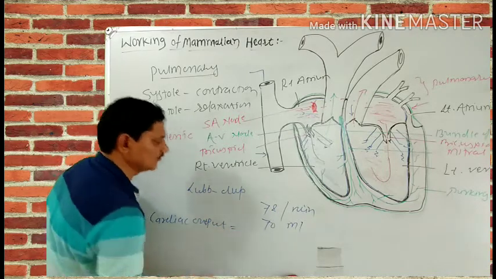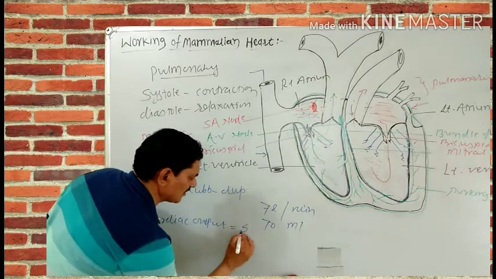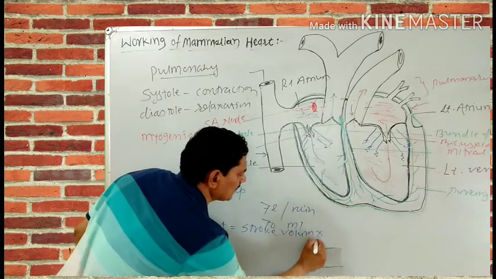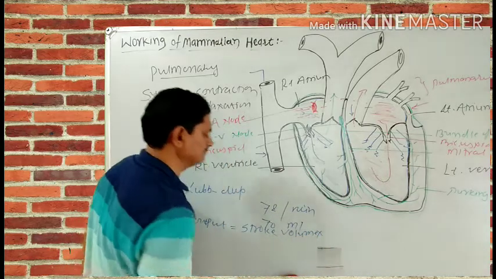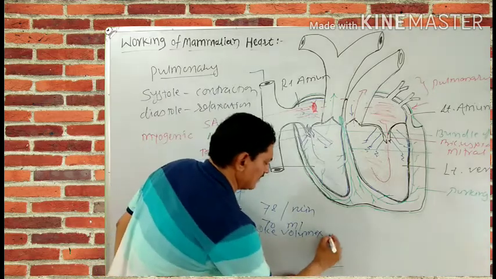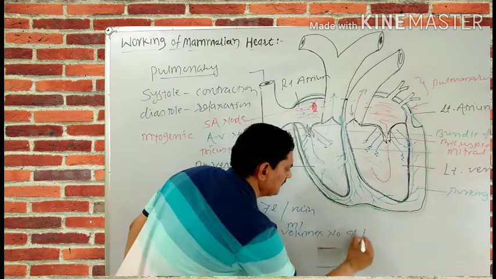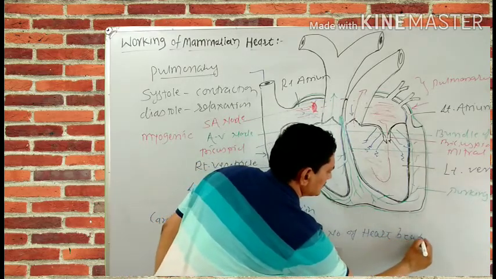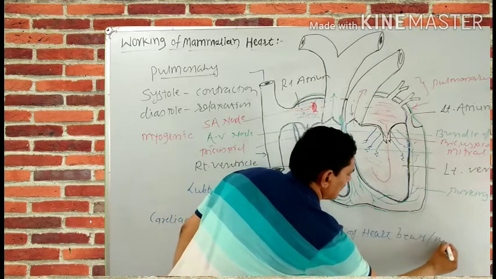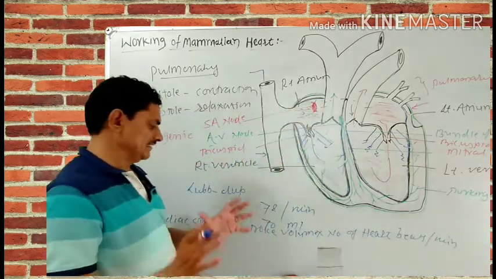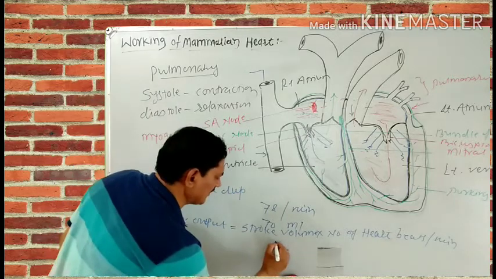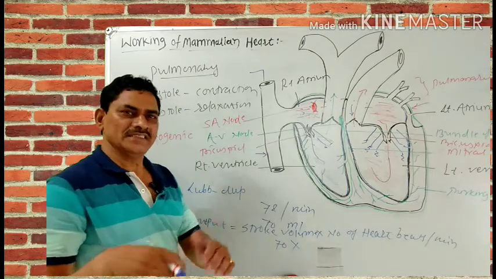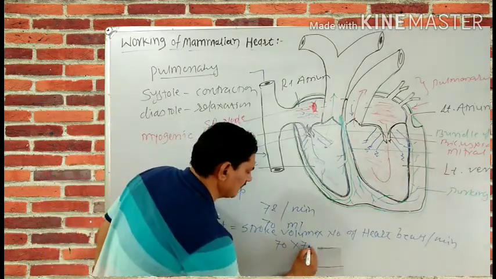Cardiac output is equal to the stroke volume into the number of heartbeats per minute. Suppose the stroke volume is 70 ml and the heartbeats in a minute are 72.